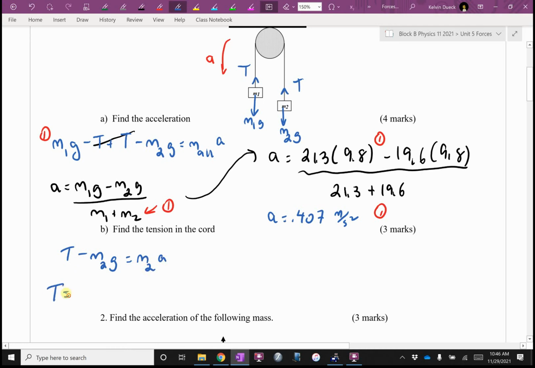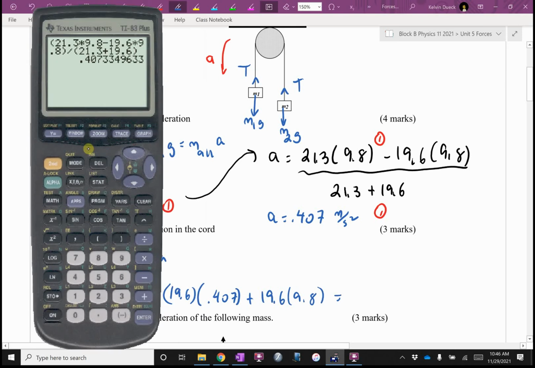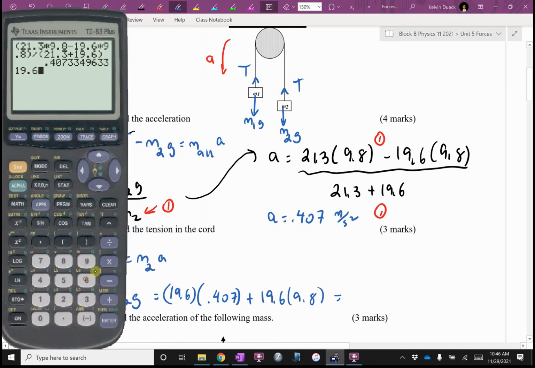You'll get tension equals M2A plus M2G, which is going to be M2 19.6, A 0.407, plus 19.6 times 9.8. So 19.6 times answer button plus 19.6 times 9.8.